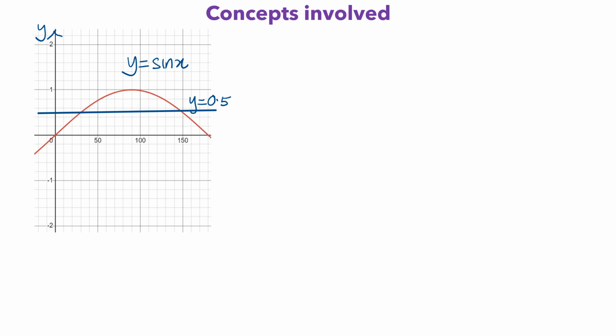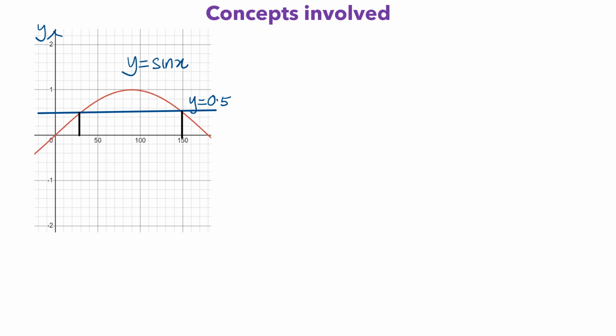So if you look at the diagrams I've just drawn, you will see that there are two particular angles. When I substitute into your sine x, you will get 0.5. The first angle is 30. Okay, you can just use your calculator to try. Press sine 30, you get 0.5. The second angle is 150. Try it.